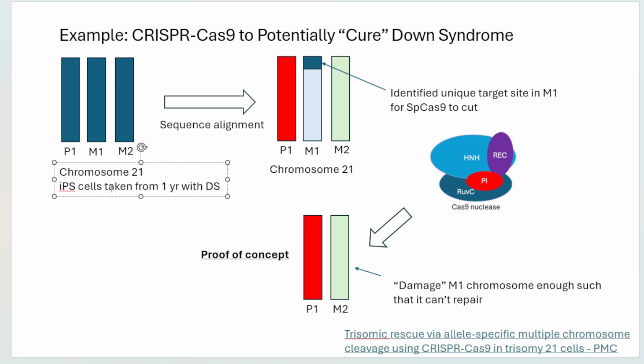They did sequence alignment to identify the 3 chromosomes from each other, so P1, M1, M2, and they found that M1 has a unique target site or a unique sequence that they could send CRISPR-Cas9 to cut. Now they cut it and damaged it enough that the M1 chromosome couldn't repair itself, so that's a dead chromosome, and all that's left is the P1 and M2 for the chromosome 21 group.